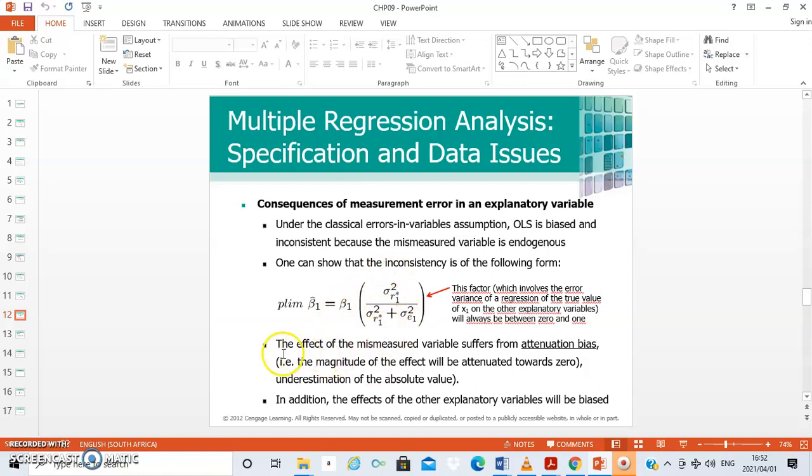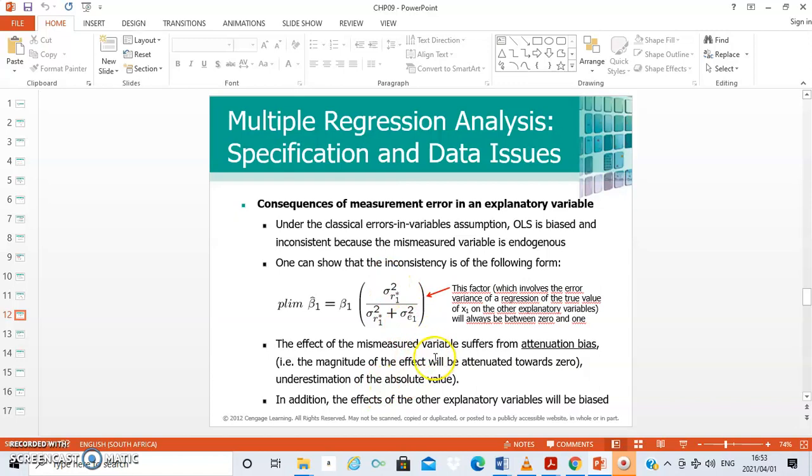The second issue is that the effect of the mismeasured variable suffers from attenuation bias. What do we mean by attenuation bias? We are saying that the magnitude of the effect will tend towards zero, meaning there will be an underestimation of the absolute value.